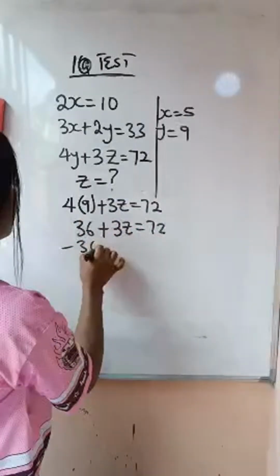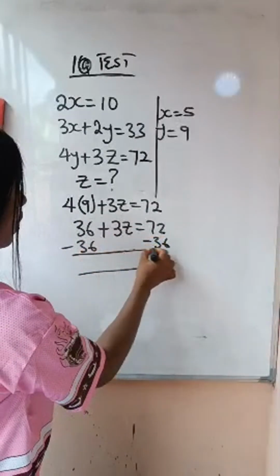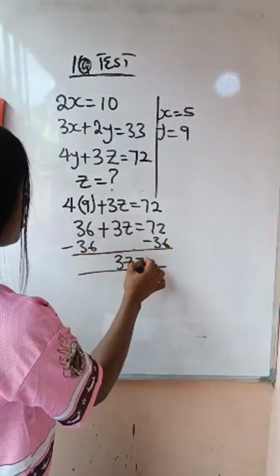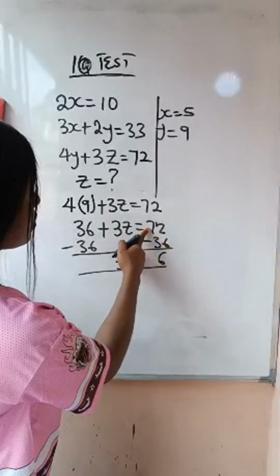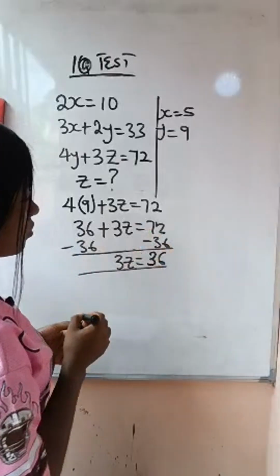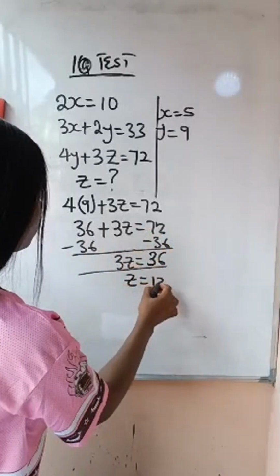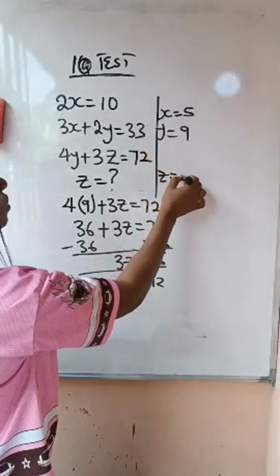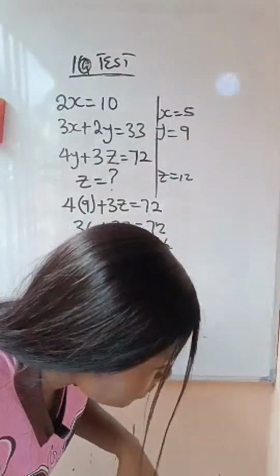So we subtract 36 from both sides, and we are going to have 3z is equal to 36. When you divide both sides by 3, you are going to get z equals 12, which is what each and every one of you suggested.